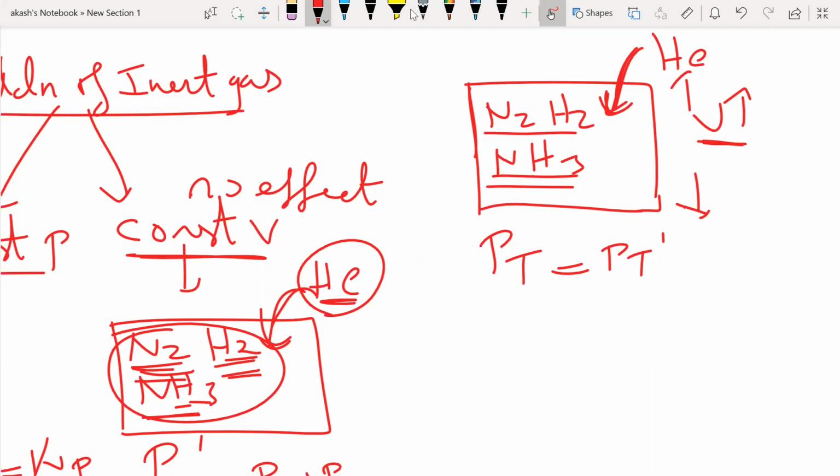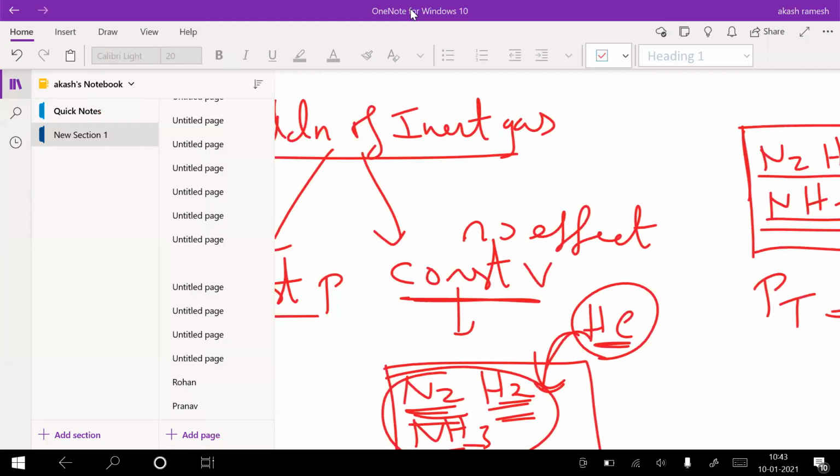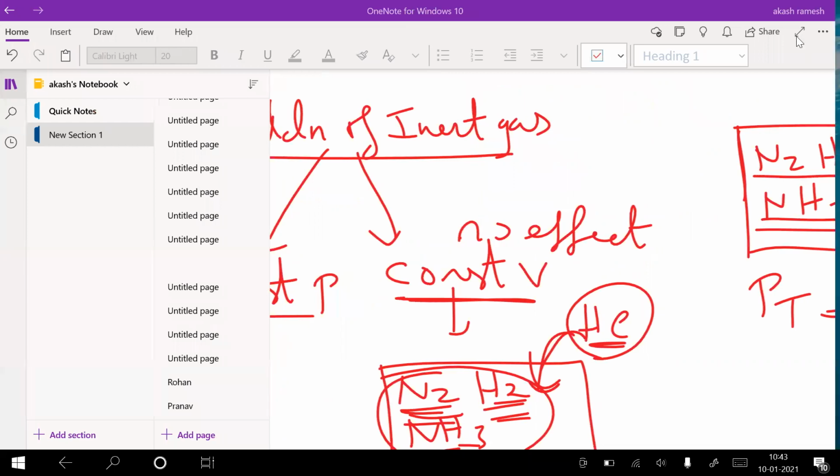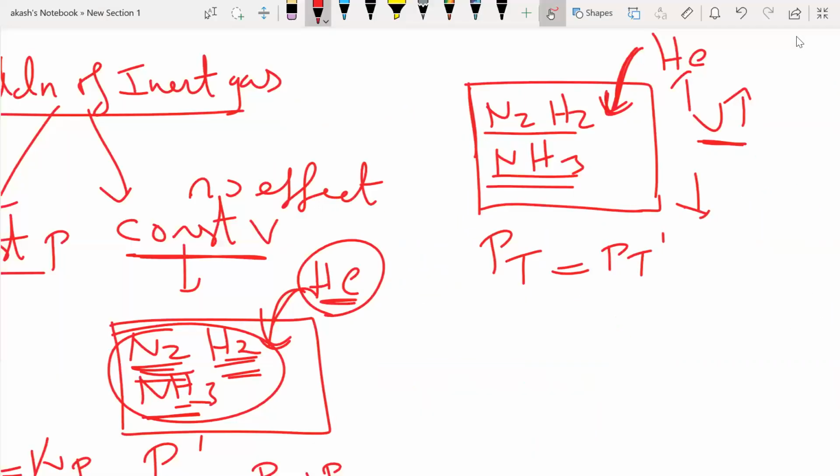Please give me a yes in the chat. Can we also look at this way for constant pressure? Like the individual partial pressures, will they change? Yes, they will change. Why it will change, I'll tell you. We have to make sure that the total pressure is the same, isn't it?